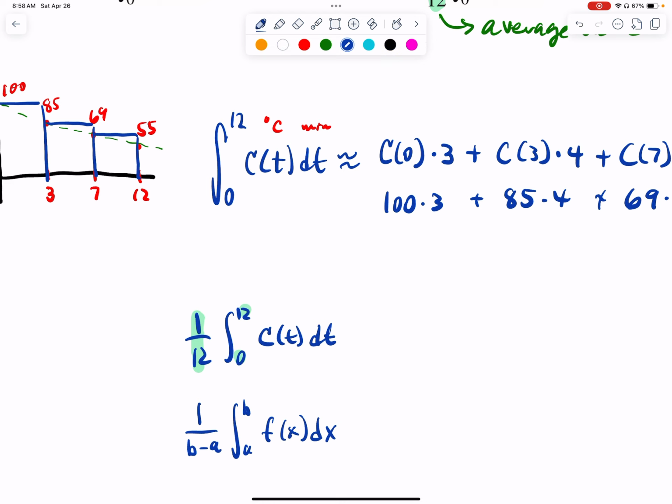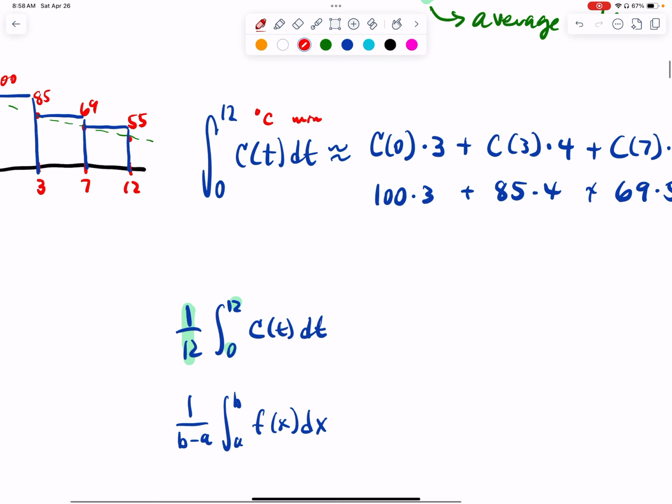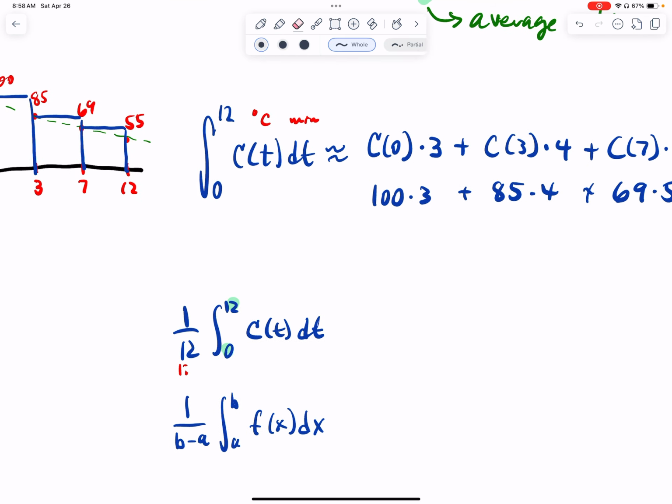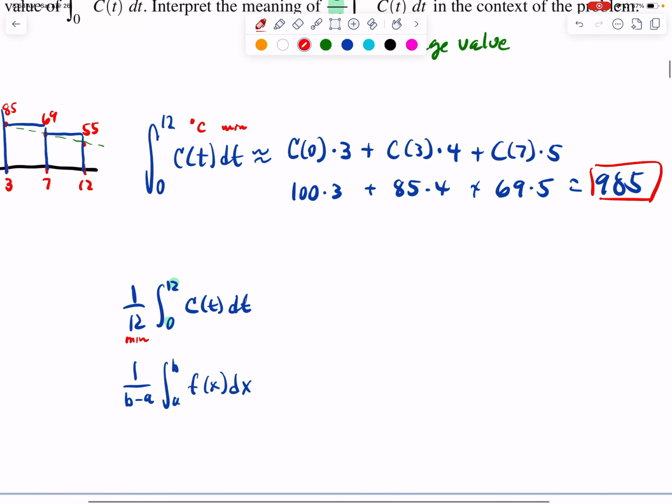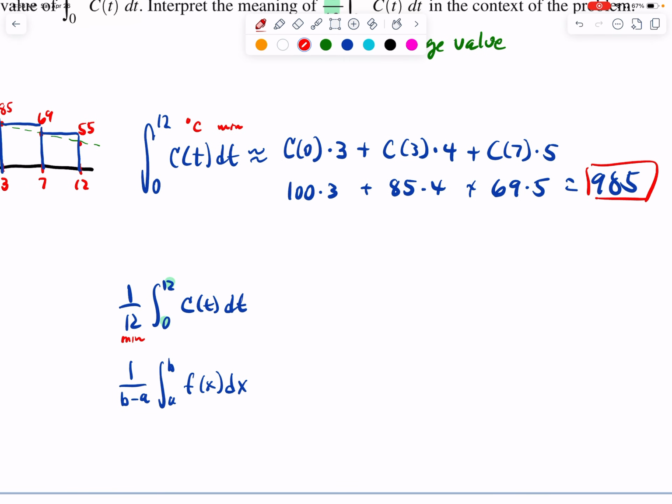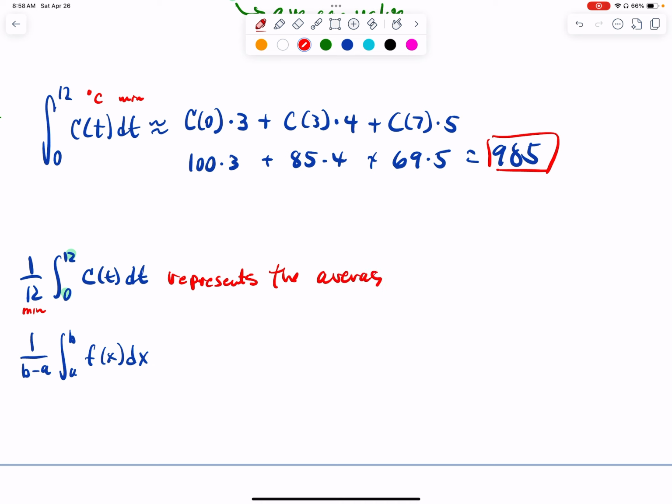And if we divide that by the minutes that are out here with the 12, these minutes and these minutes would cancel each other out, just giving us degrees Celsius, which is the average temperature of the coffee over that time interval. So I would say that this represents the average temperature of the coffee.